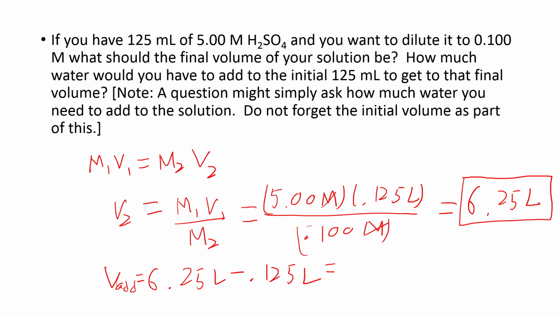So 6.25 minus 0.125 is going to give us that we're going to need to add 6.13 liters. That's how much water we're going to need to add because there's already some there. Same idea, remember also that we've got 2 decimal places in our sig figs, so that's why I go to 0.13 rather than writing out 0.125, because we don't have enough decimal places in our 6.25 number.